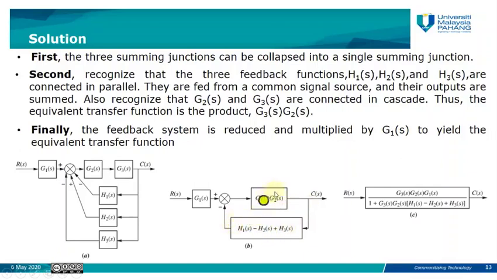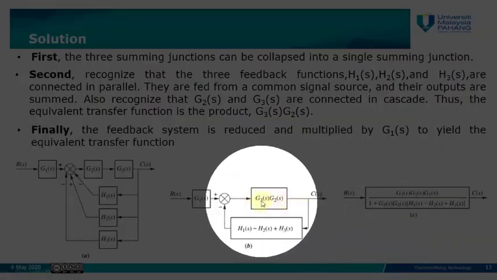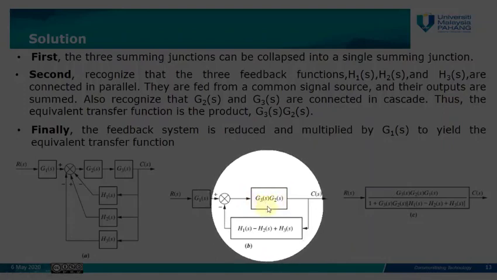Now the next or the final step will be to find the feedback of this system. These two blocks represent a feedback form of block diagram. Since they are feedback, we need to apply the general formula for the feedback system.